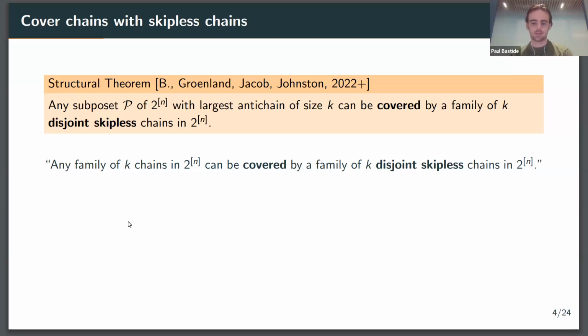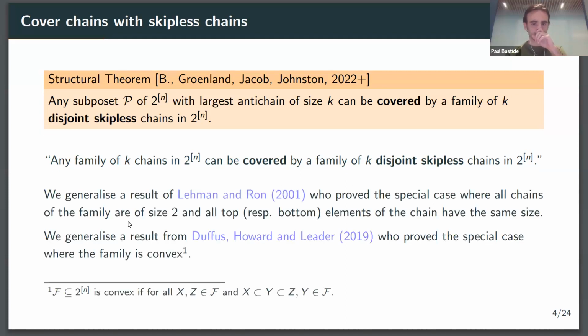Okay, so that's our structural theorem, and things like that have already been studied. So Lehman and Ron first proved something similar, but which is the special case where all those chains have only two elements, and all the top elements are in the same layer of the Boolean lattice, and all of the bottom elements are in the same layer of the Boolean lattice.